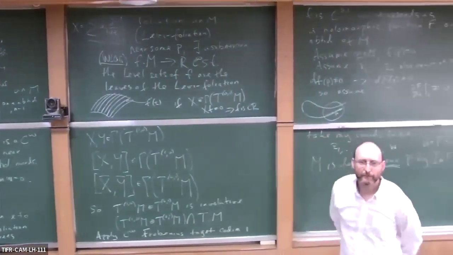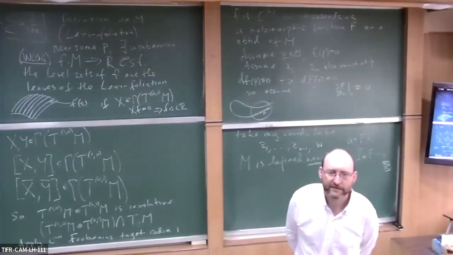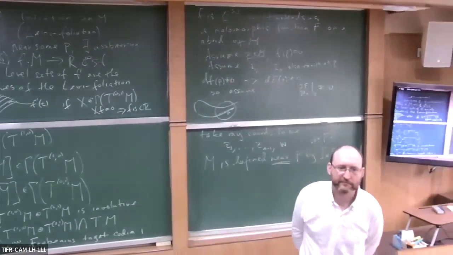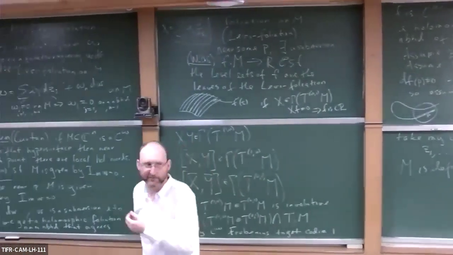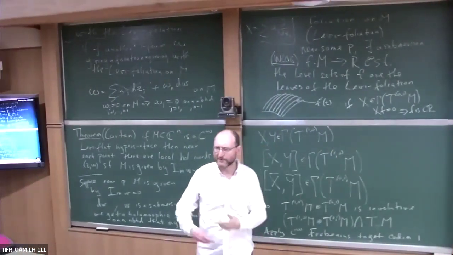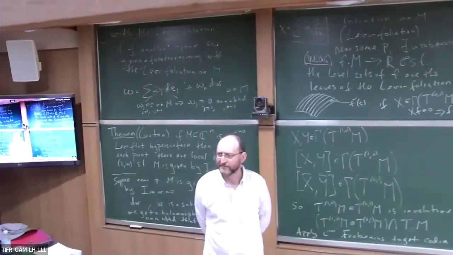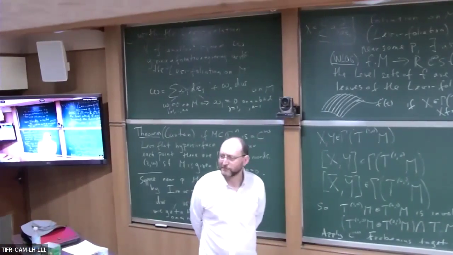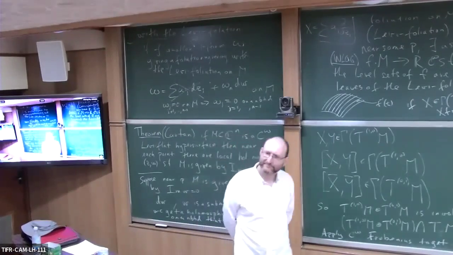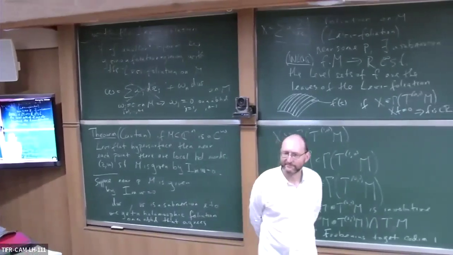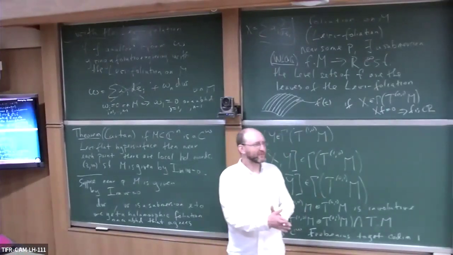It's your question: is it possible to have two different capital F's? How are they related? Basically multiples of each other. Since they coincide on the real hypersurface, they don't completely have to coincide.